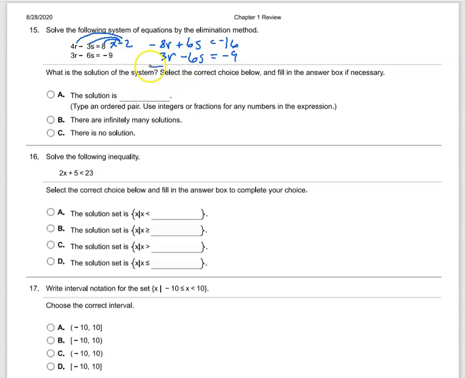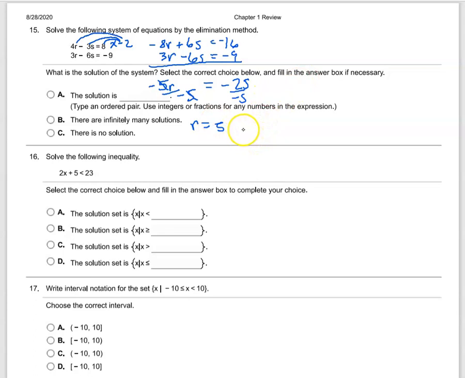Okay, so we're going to have negative 5r. These s's are going to cancel out. Negative 16 and negative 9 is going to be negative 25. So that's going to give me r is equal to 5.